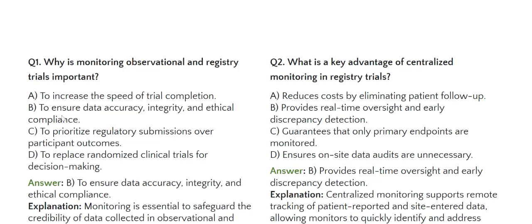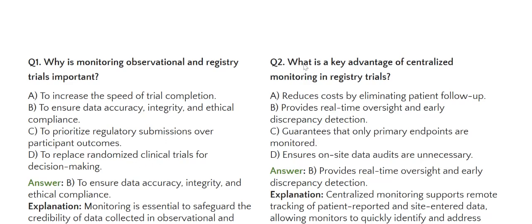So definitely it's B. The importance of monitoring observational and registry trials is to ensure data accuracy, integrity, and ethical compliance. Monitoring is essential to safeguard the credibility of data collected, to ensure that the real-world data accurately reflects outcomes, reduces bias, and adheres to high ethical standards, supporting evidence-based decisions.